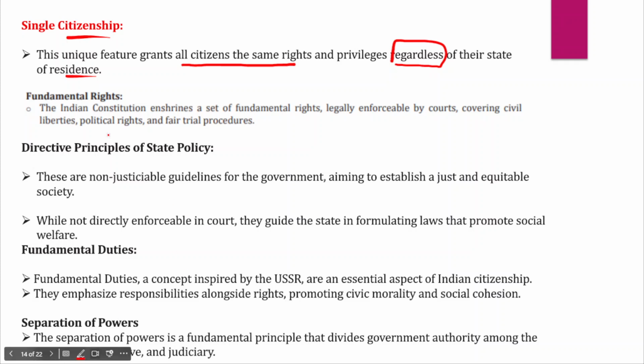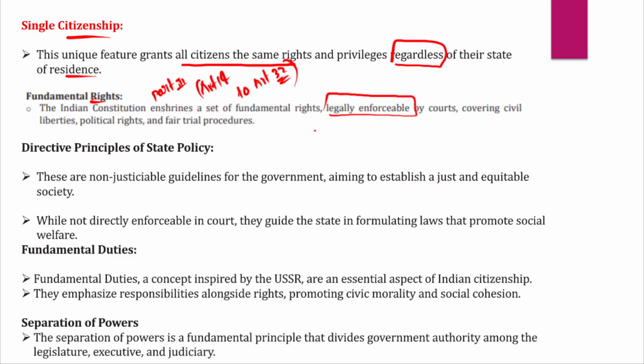And similarly, the fundamental rights as well. Part 3 of the Indian Constitution, from Article 14 to Article 32, talks about the set of fundamental rights for every citizen, right? In fact, these fundamental rights are legally enforceable.